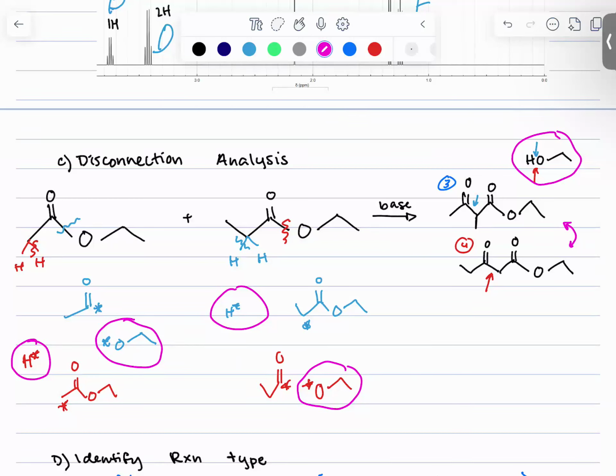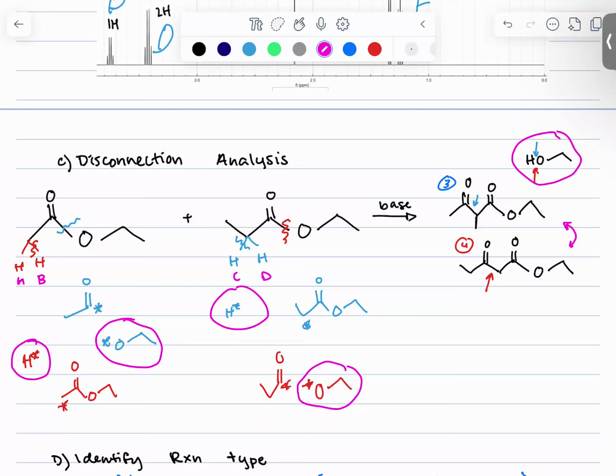Like we labeled them left to right, A, B, C, D. Take which proton instead? Yes, that would matter. If you deprotonate A or B, you're gonna end up with 4. If you deprotonate C or D, you're gonna end up with 3. Other questions about a Claisen reaction?